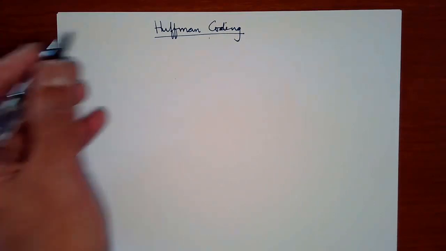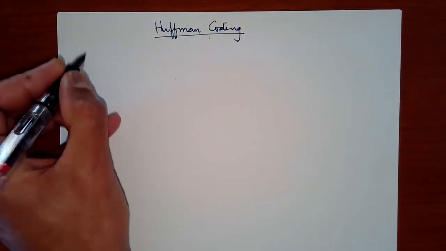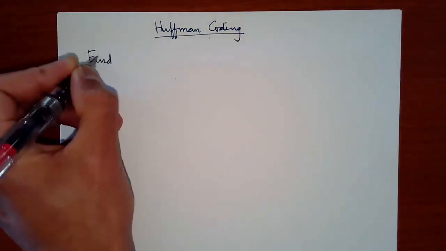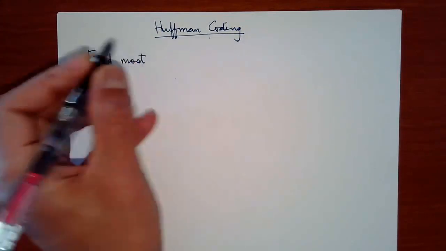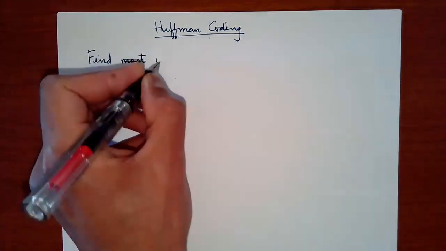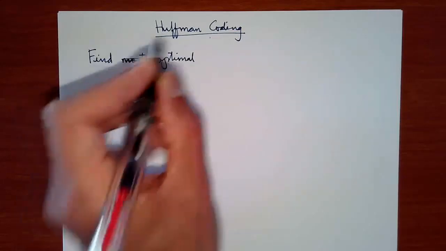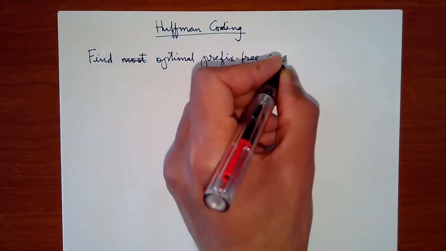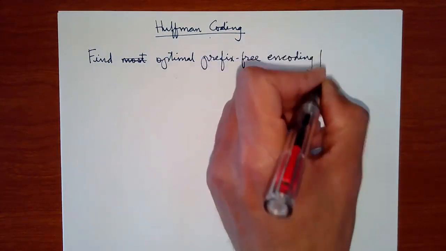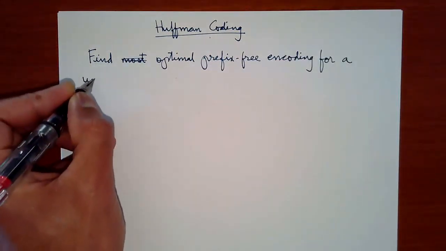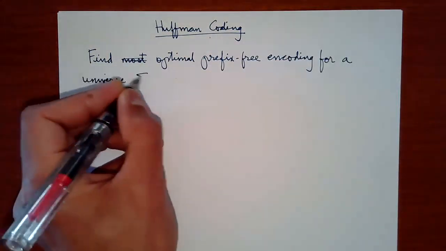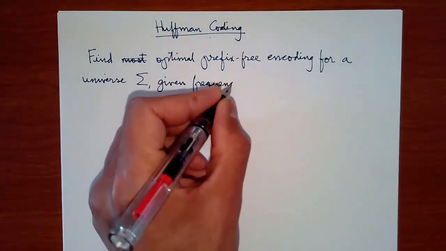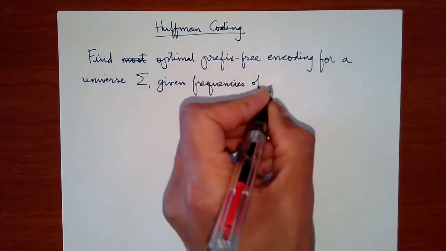So in Huffman coding, the goal is again to find the optimal prefix-free encoding for a universe sigma, given frequencies of elements in sigma.